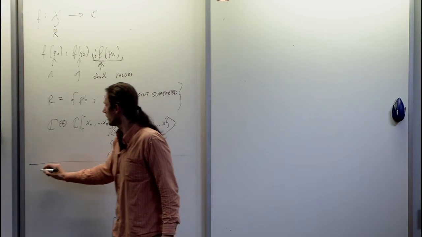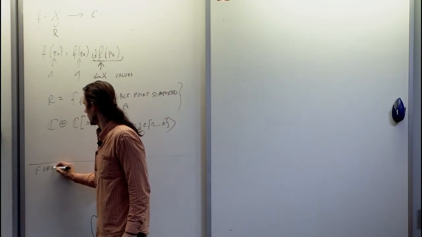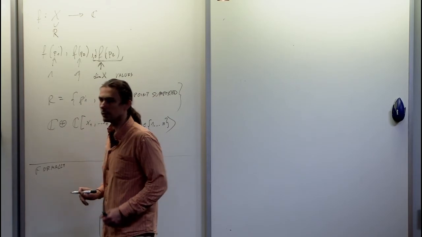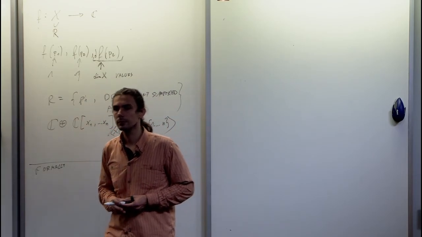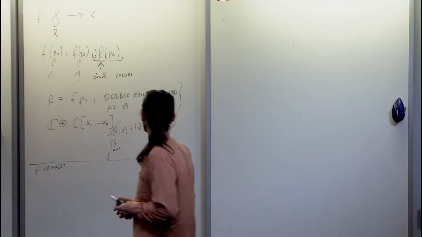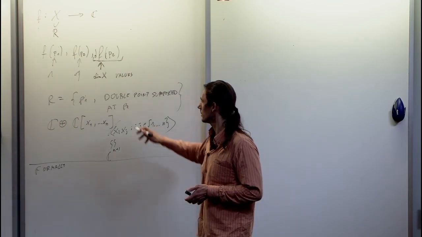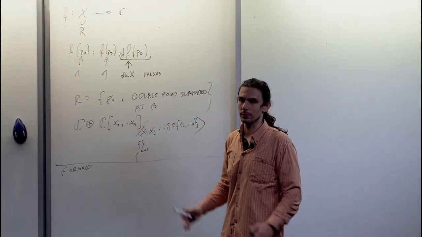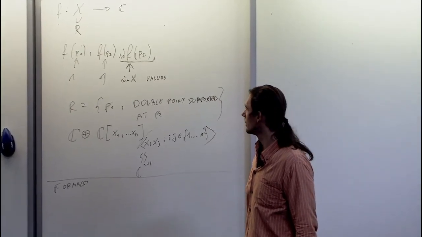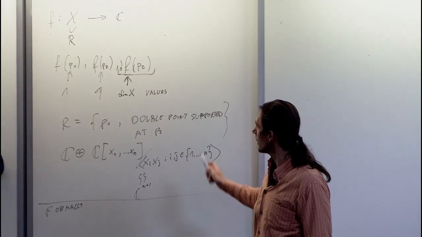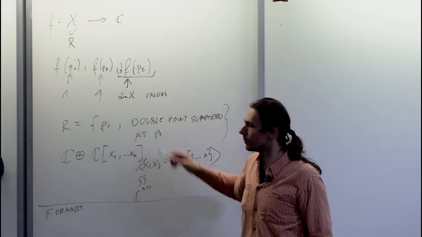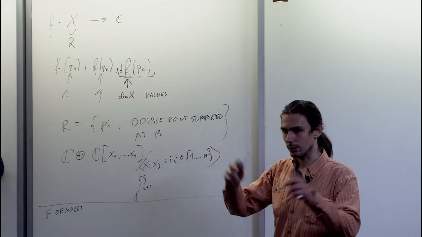So formally, the double point here has multiplicity, and yes, it's really a double point, not multiplicity 2. I want the double point supported at P2, so double in x2.